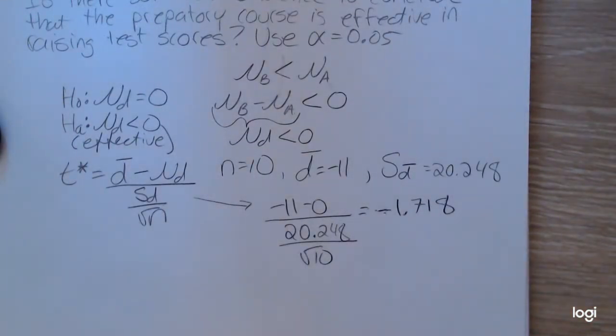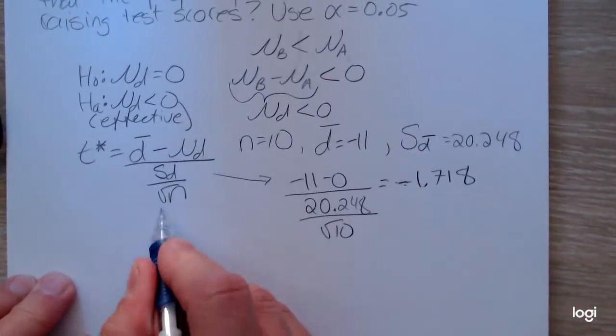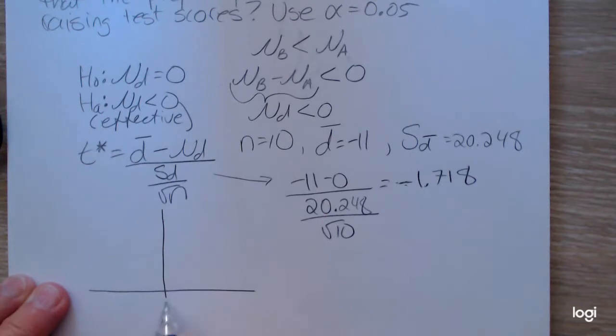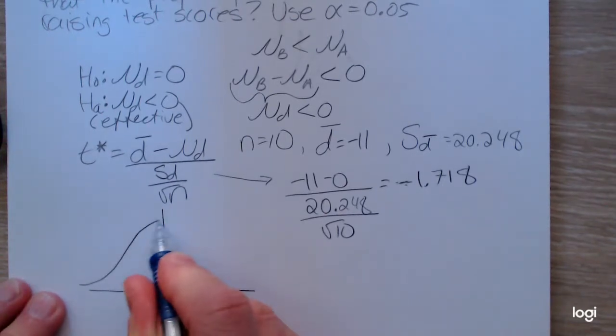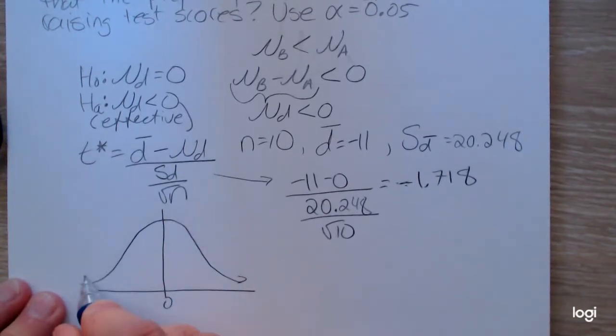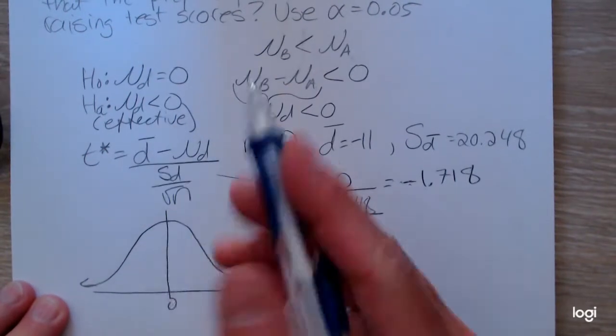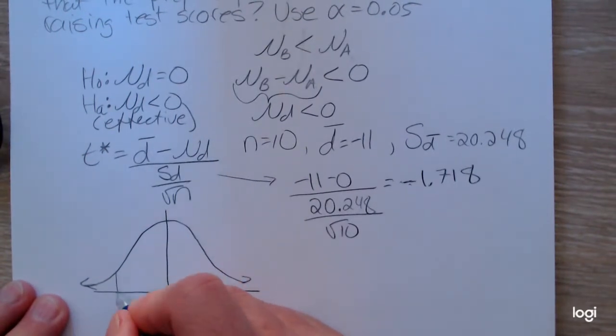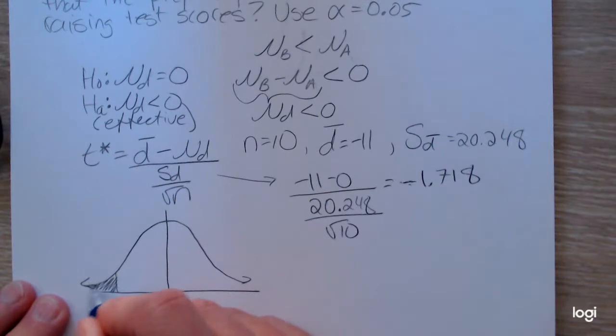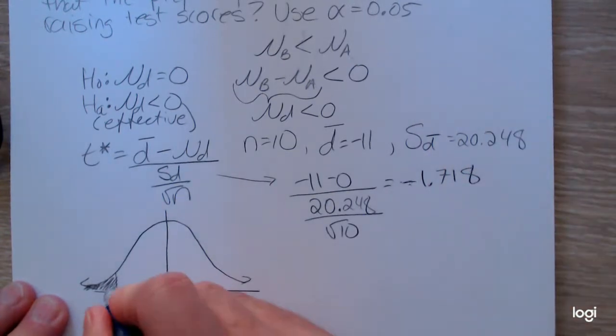To get the critical value, you'll need to go to the t-table. So sketching the t-distribution, and this is a lower tail test. So I'll have one lower tail area of rejection. We're using a level of significance of 0.05.